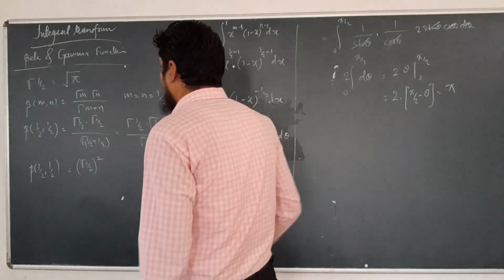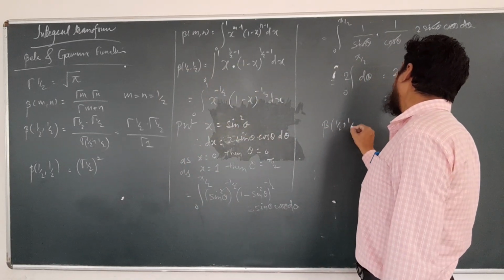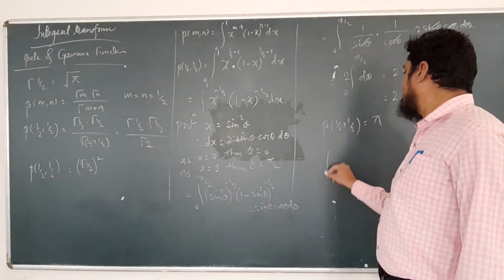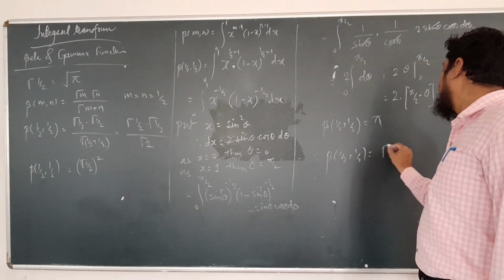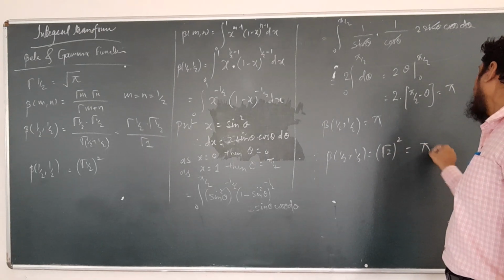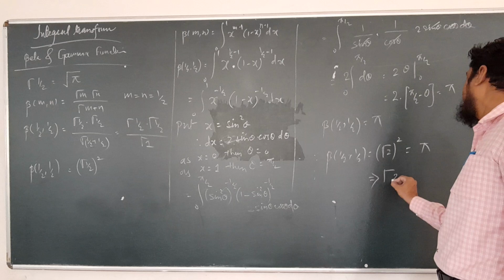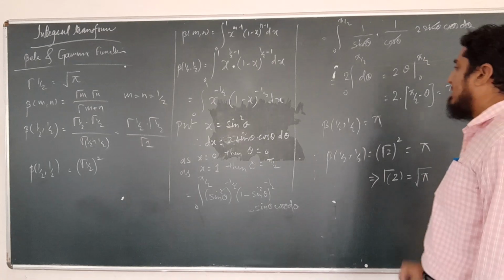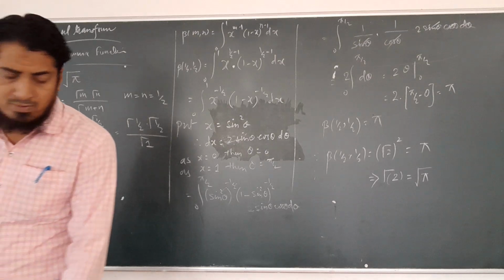And we have beta 1 by 2 comma 1 by 2 is equal to pi, since beta 1 by 2 comma 1 by 2 is equal to gamma of 1 by 2 square, which is equal to pi, that will give us gamma of 1 by 2 is equal to root pi, and hence the result we have done.